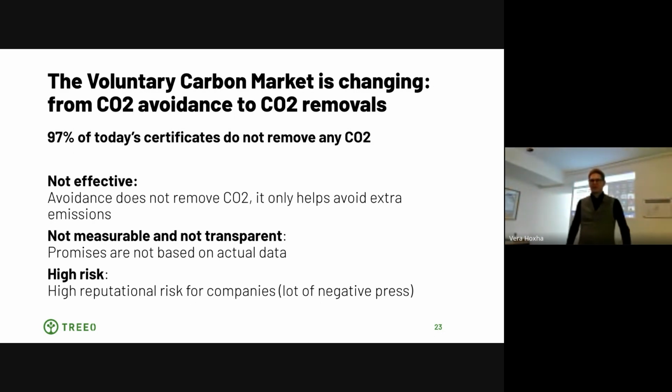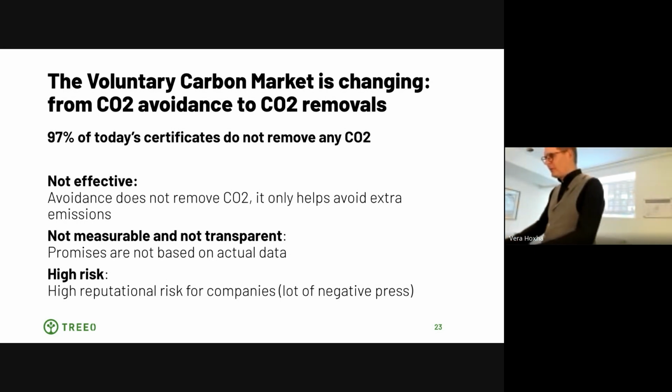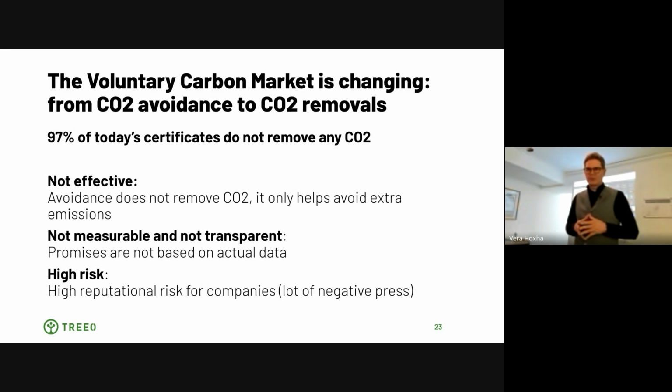A lot of the carbon removal projects and certificates in the voluntary market do not keep the promise. At TREEO, we were aware that a lot out there is not really delivering what is promised, but the magnitude, 97% of today's certificates don't remove CO2, was astonishing for us.